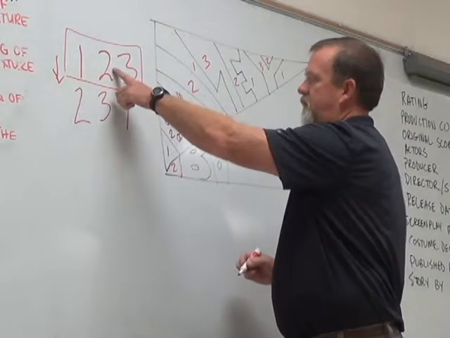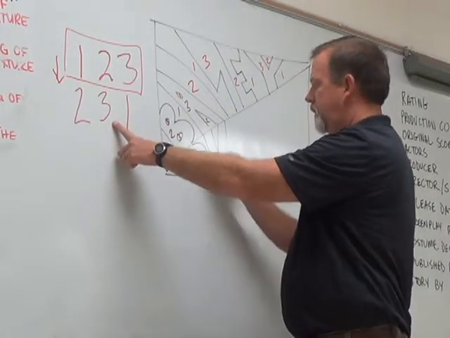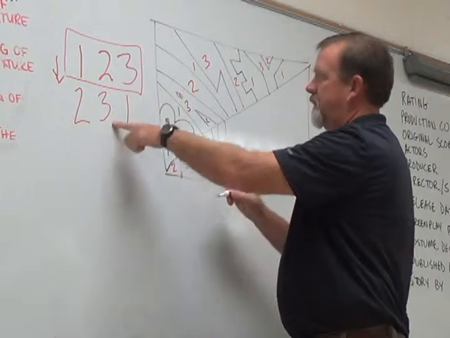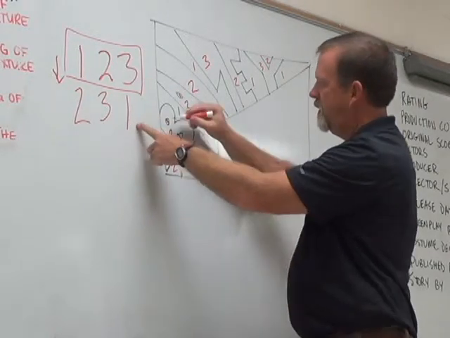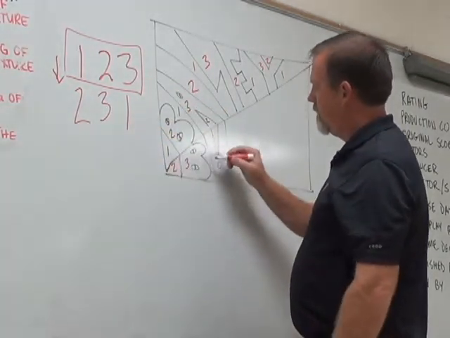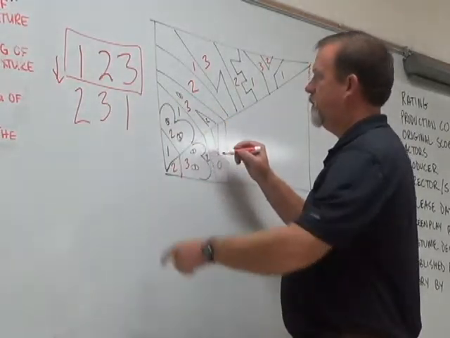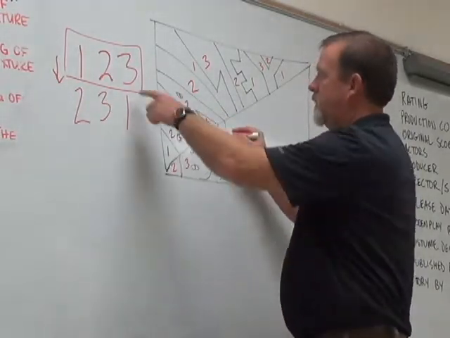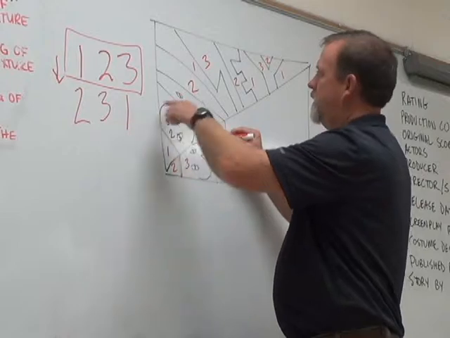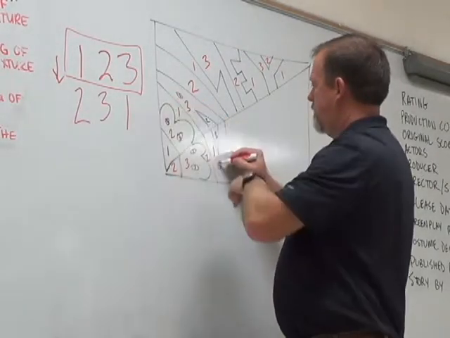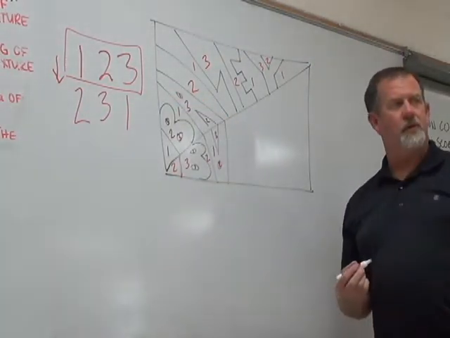And everywhere there is a 2, it's going to turn to a 3. And everywhere it's a 3, it will turn to a 1. 1 becomes 2, 3 becomes 1, 2 becomes 3, 1 becomes a 2, and so on and so forth.